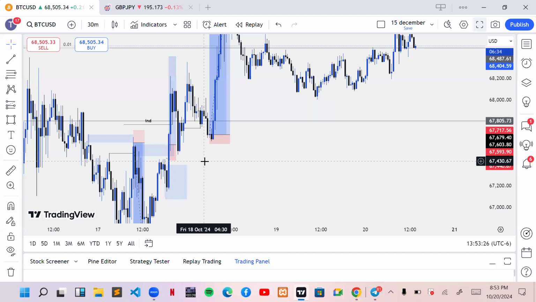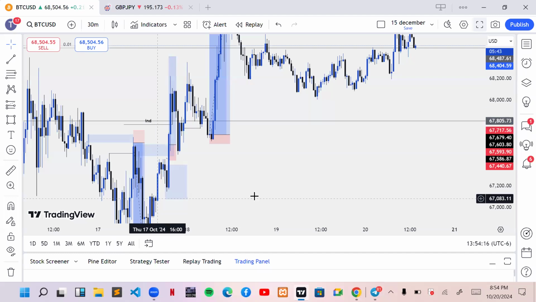It was this trade. So it was this trade here.